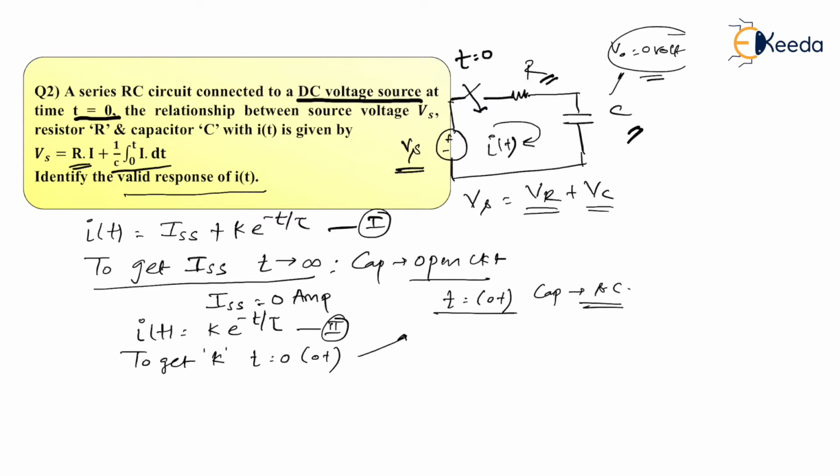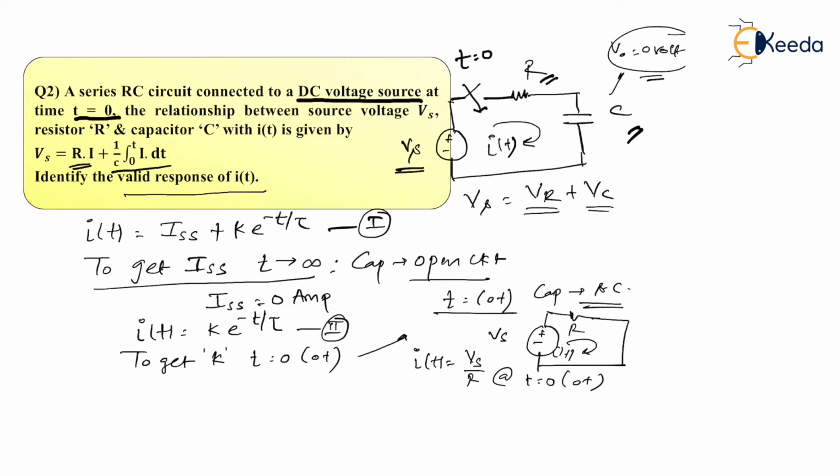It means the circuit will be like this, plus minus Vs. This is R, and there is nothing else now because capacitor is replaced with short circuit, and this is I of t. So what is I of t by Ohm's law? I of t is simply Vs by R, at t equal to 0, or you can say 0 plus.